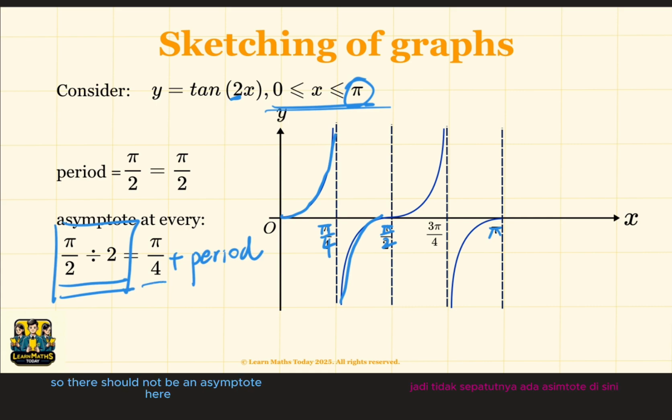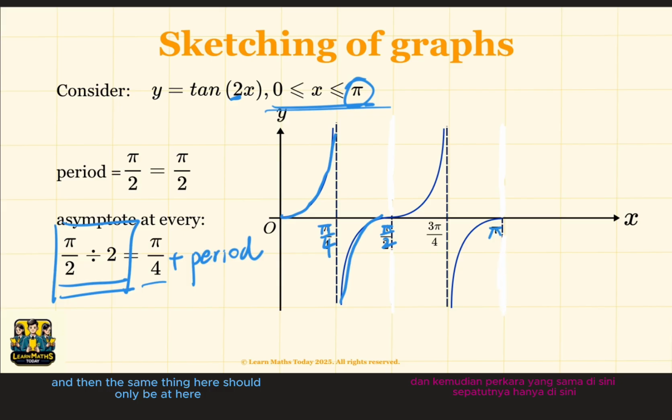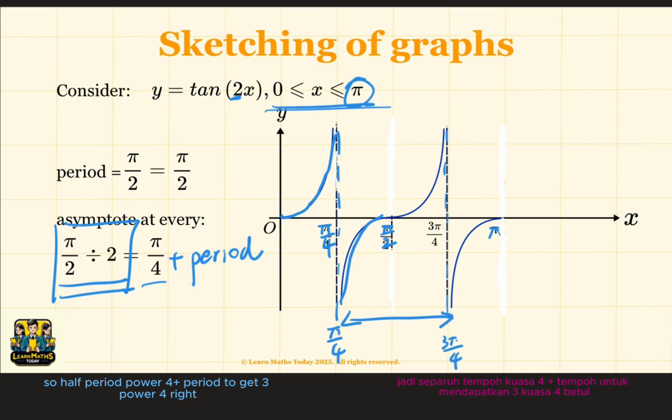So there should not be an asymptote here and an asymptote here. It should only be here, here, and here. So half period is pi over 4, plus period to get 3 pi over 4.